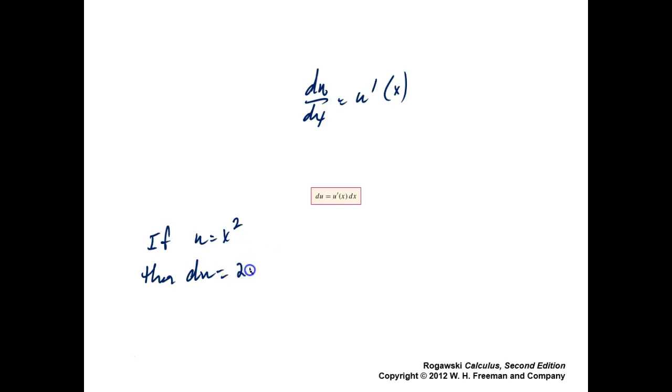Two x dx. Perfect. If u is this, then u prime would be 2x. So du would be 2x dx, right? It's just another way of doing a derivative, only you're writing in differential form. You okay with that? Does it make sense? Okay, that's key. That is a key for doing the substitution method.